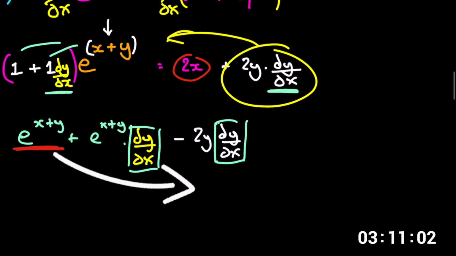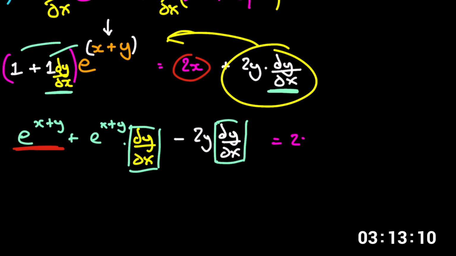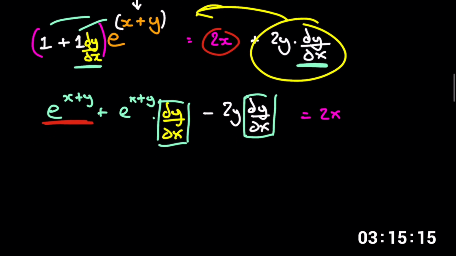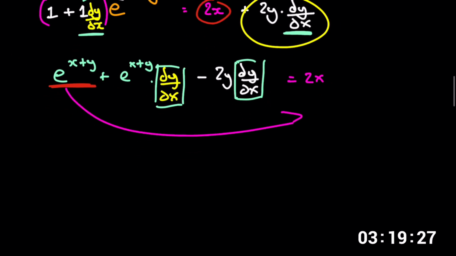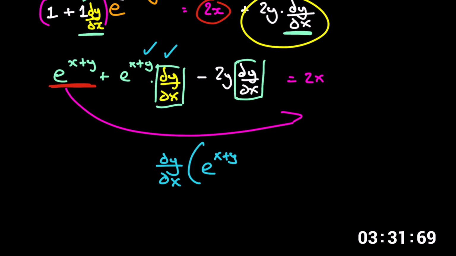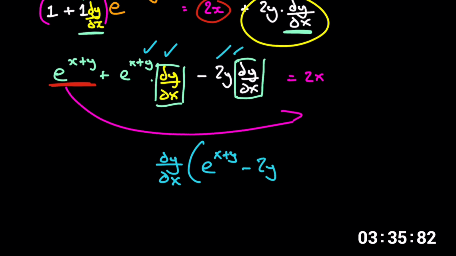Let's leave the dy by dx terms where they are and factorize. So dy by dx, open brackets: e to the x plus y, minus 2y, is equal to 2x.